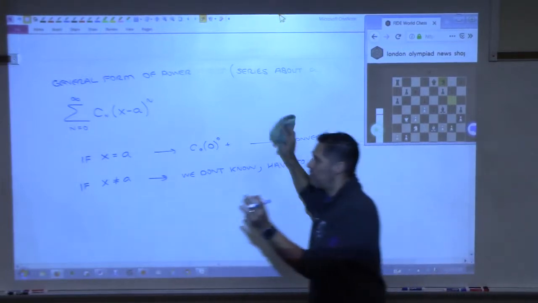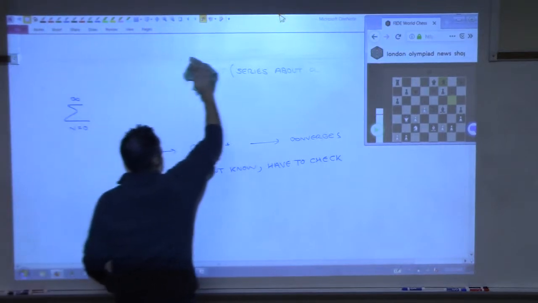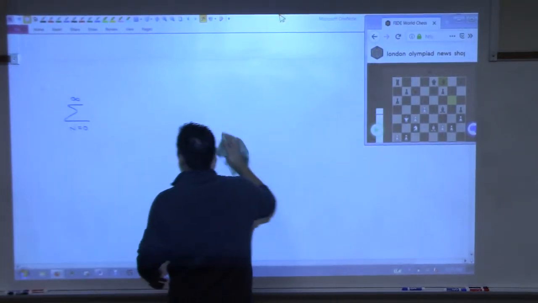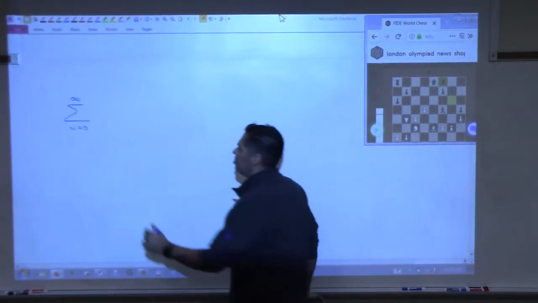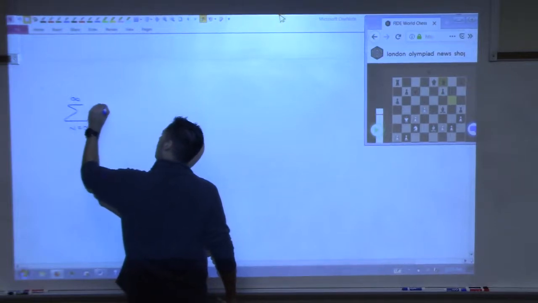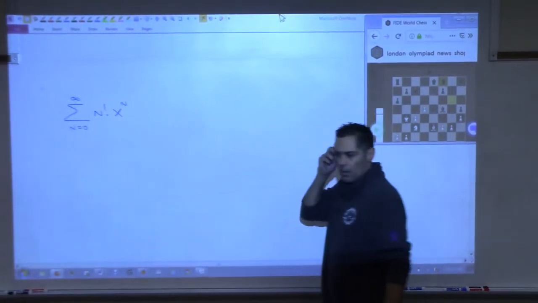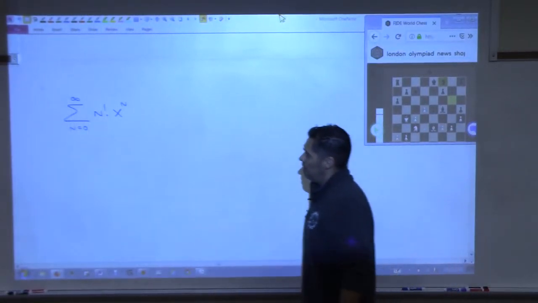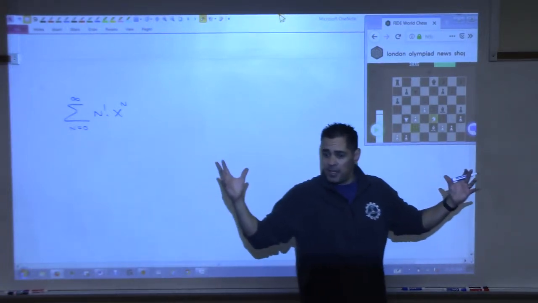Now let's look at one that's just arbitrary. Okay, this is just a power series, and what I want to know, well, I'll write it down. Let's take the power series n factorial times x to the n. Now this seems like with an n factorial here that this thing's going to blow up, isn't it?